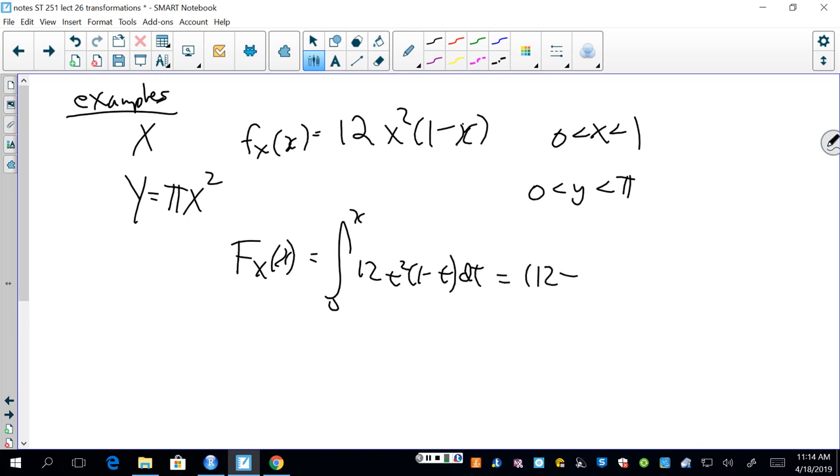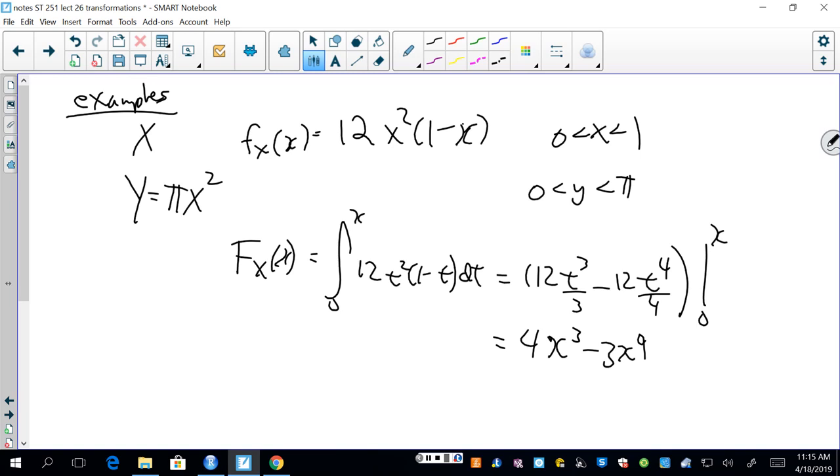So this is 12t cubed over 3, since t squared integrates to t cubed, and then another 12t to the 4th over 4, evaluated from 0 to x. So it's 4x cubed minus 3x to the 4th. Is that right? Yes. If we differentiate that, you get 12x squared, 12x cubed, so yes, that works. That's the cumulative.